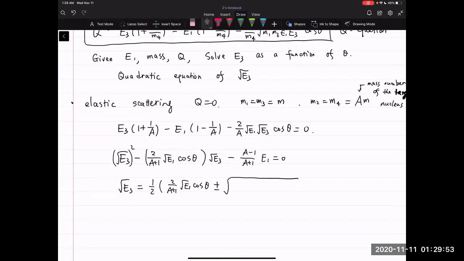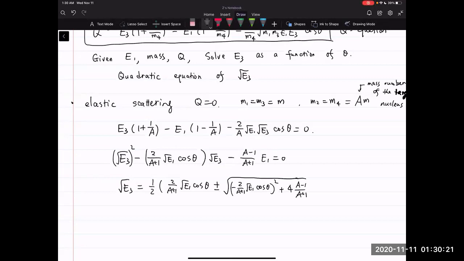So B squared will be negative 2 over A plus 1, square root of E1 cosine theta, squared, minus 4, where A is 1 and C is A minus 1 over A plus 1.